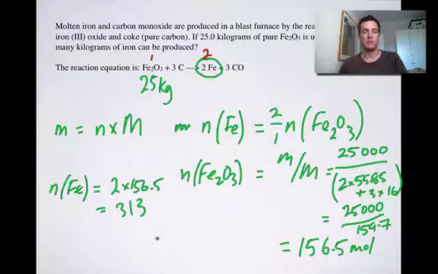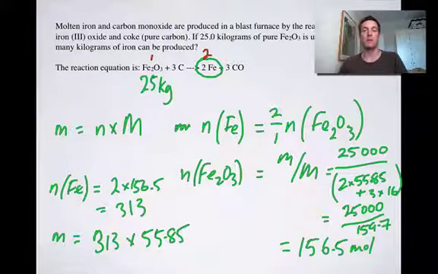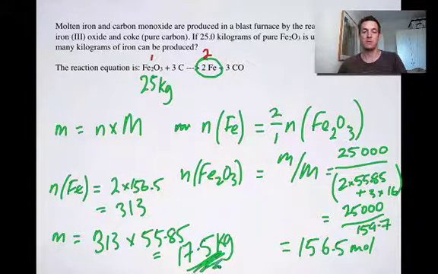So we've got 313 moles of iron, so the mass is 313 multiplied by 55.85, which is the molar mass of iron, and that equals 17.5 kilograms, or 17,500 grams. Okay, so there's my final answer.